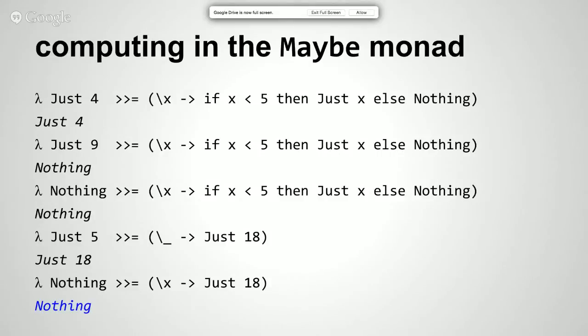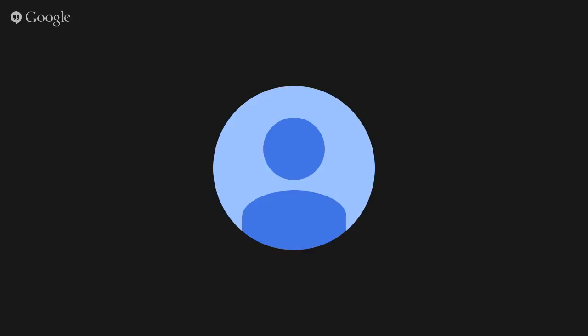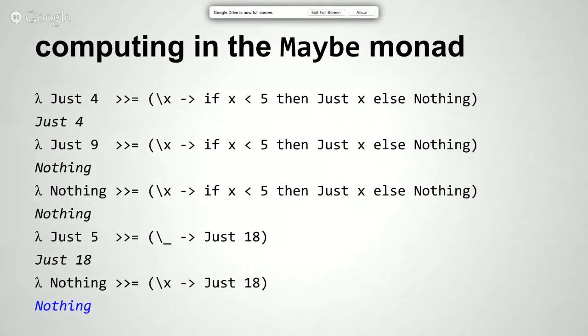But in the bottom example, if it has failed already, you get the failed computation. Okay, so in the third example, it's Nothing, so it's considered a failed computation, and that's why the function on the right is never evaluated or run.